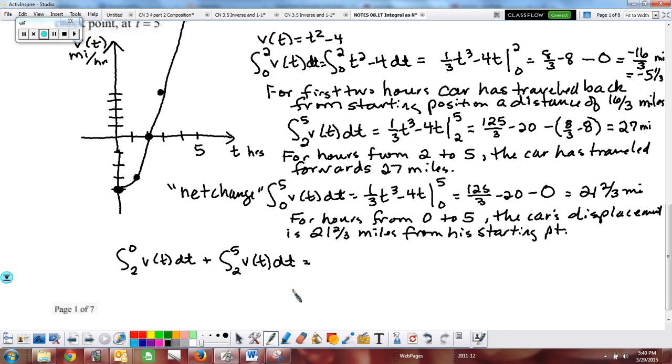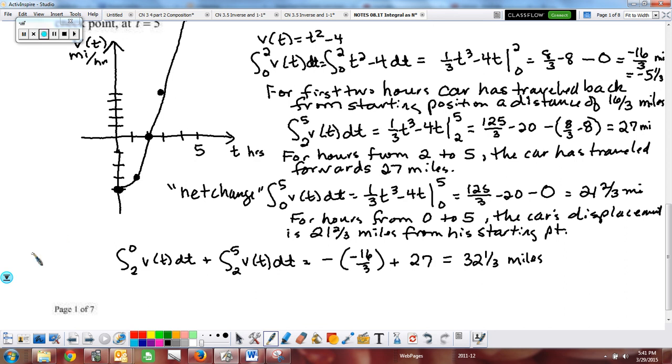They are opposite of each other. So I'm basically taking back the distance that I have traveled. So 2 to 0 would be the opposite of negative 16/3 plus the 2 to 5 that we calculated, 27. So we're going to end up with 32 1/3. What does this number, 32 1/3 miles, represent?